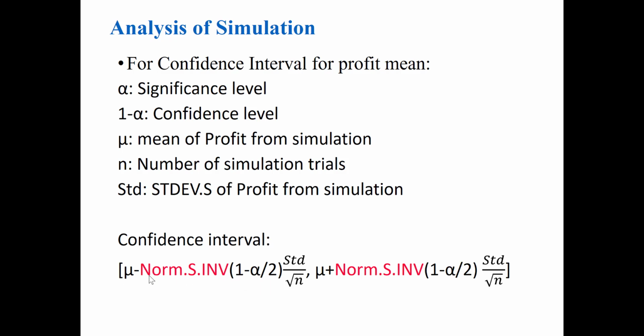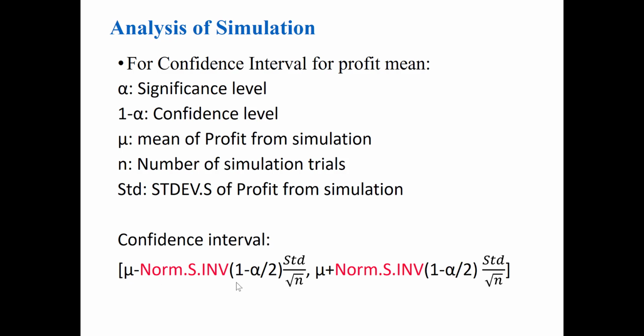This number is something around 1.6 or 1.9 depending on the value of the alpha. So basically this generates a lower bound of the mean of the profit, and this side provides the upper bound.